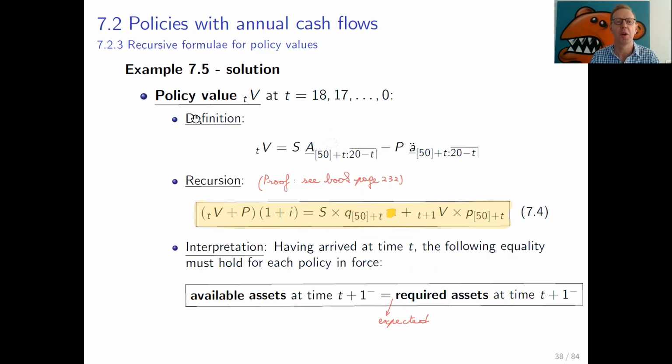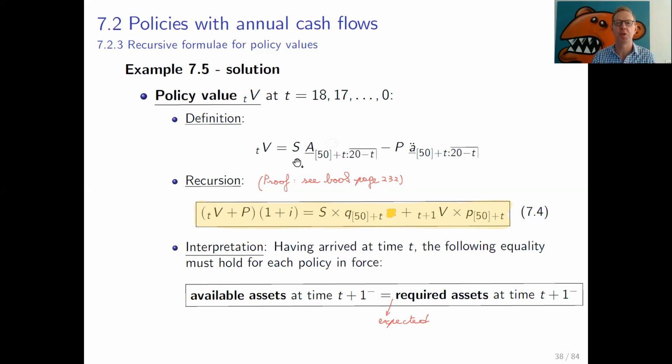Let us now, for this same example, look at the policy values Vt at earlier times 18, 17, and so on. Vt is now by definition the actuarial value of future benefits minus the actuarial value of future premiums.